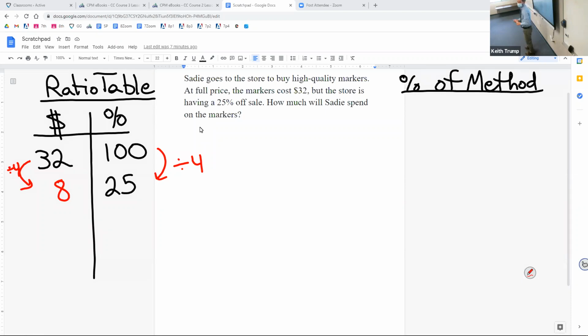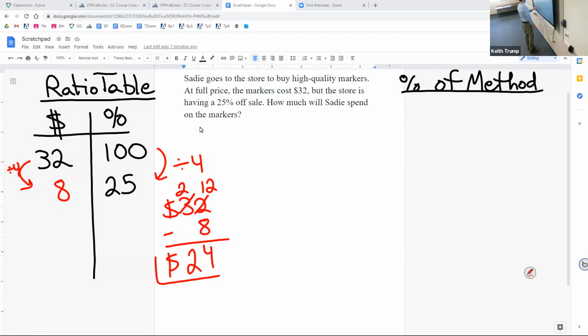Now what I need to do is take the full price, which is $32, and subtract $8. And I'm going to need to borrow from this side. And I'll have $24 here. Great. So the total price that she'll pay is $24 for the markers. That's the ratio table solution.